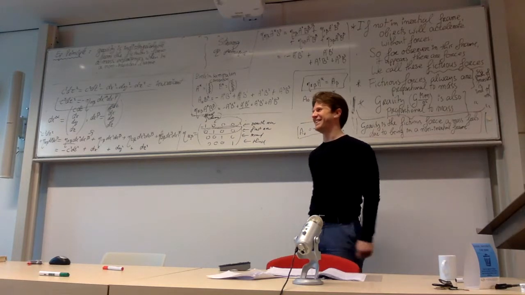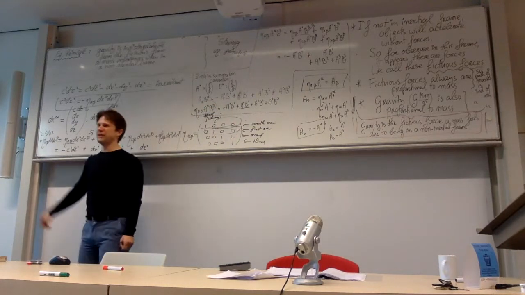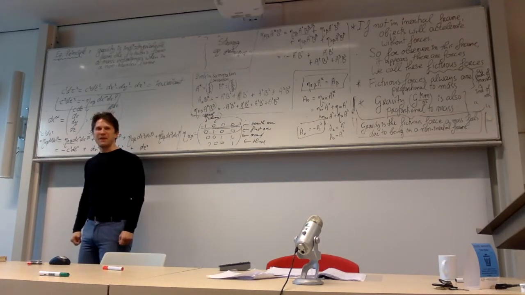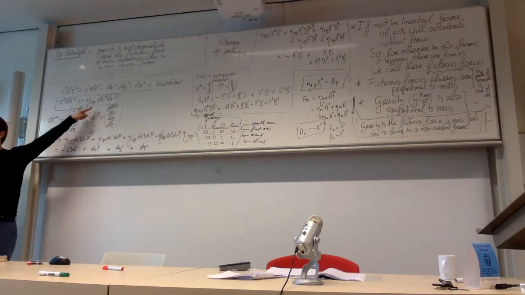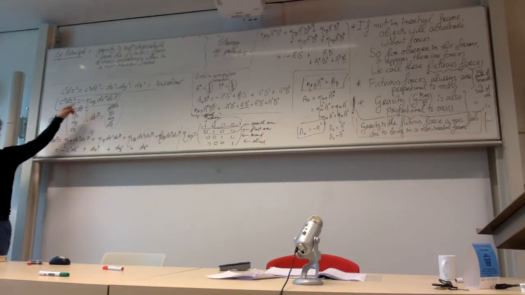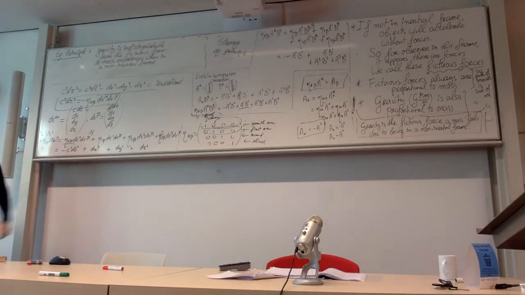Most of them are non-zero. So that means that every time you write down something like this, you would have 16 terms. Can you imagine that from that moment on you're very happy with a shorthand notation like this instead of writing down all 16 terms? Here, it is an enormous overkill in notation just to keep track of one minus sign. In general relativity, you're extremely happy that you do this.